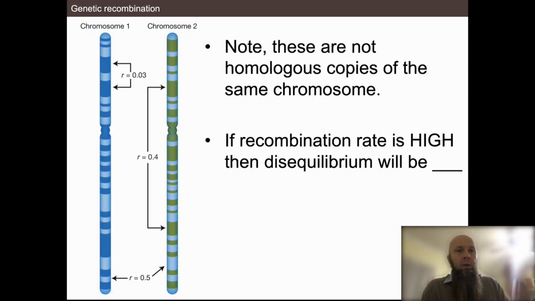So if we have 2 different chromosomes here, let's say your chromosome number 1 and your chromosome number 2, these illustrate different genes on different chromosomes. The bands on these chromosomes are frequently illustrated to represent different genes that occur across the chromosomes. And you'll notice that these two different chromosomes have very different things on them, right?